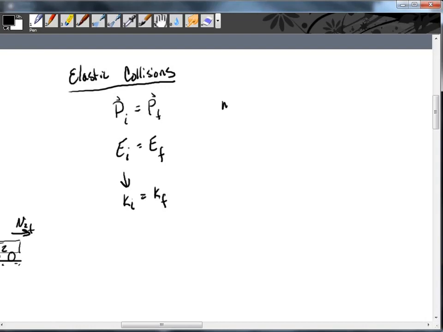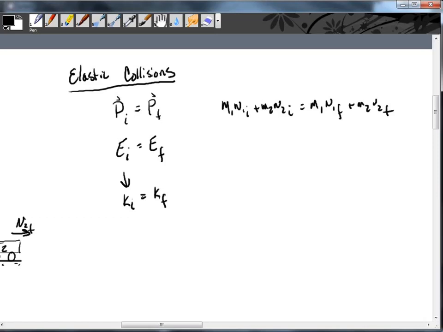This is m1 v1 initial plus m2 v2 initial equals m1 v1 final plus m2 v2 final. That's not so bad.